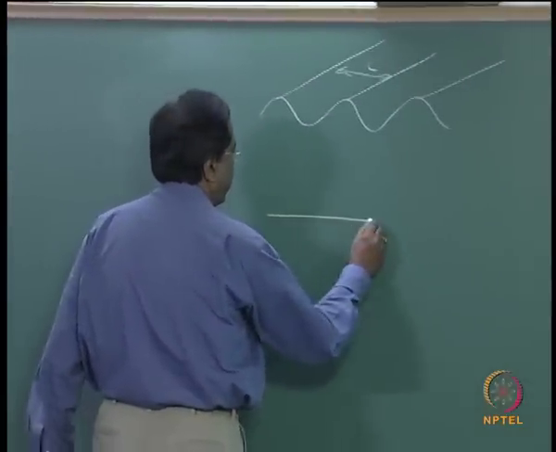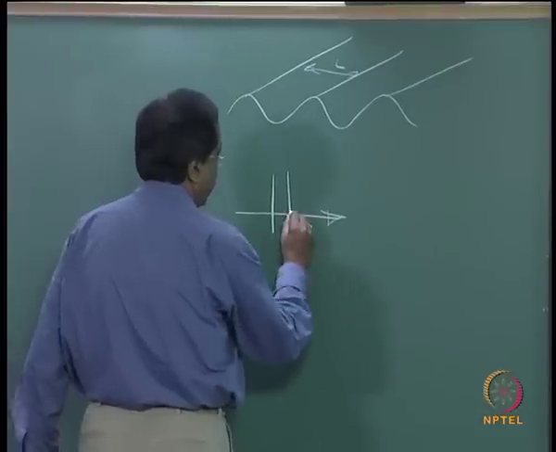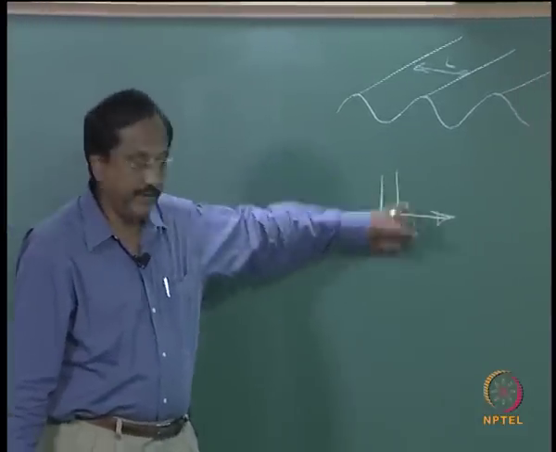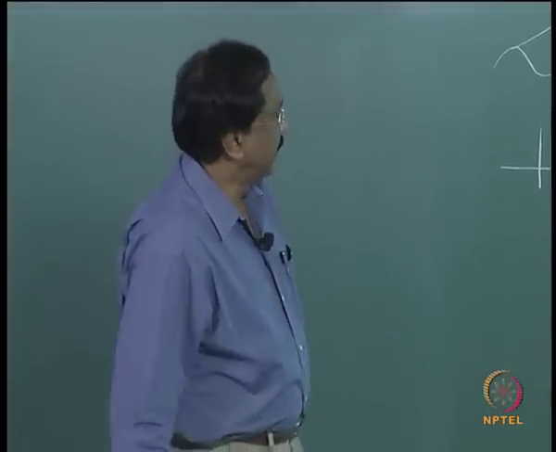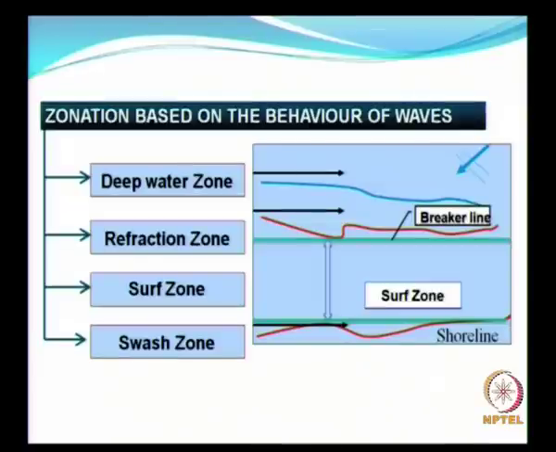Normally when you want to represent waves, you represent them like this. So, this shows the direction of wave propagation, and these are the wave fronts or the wave crests. So, in deep waters the wave crests are parallel to each other.